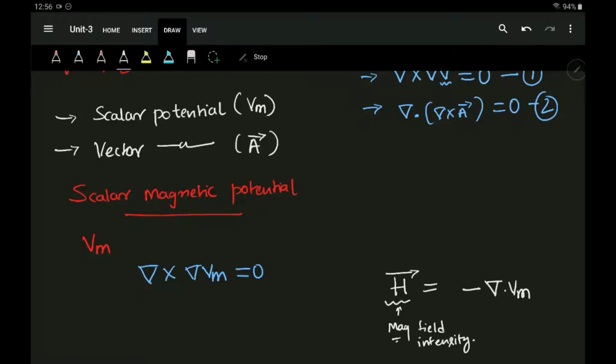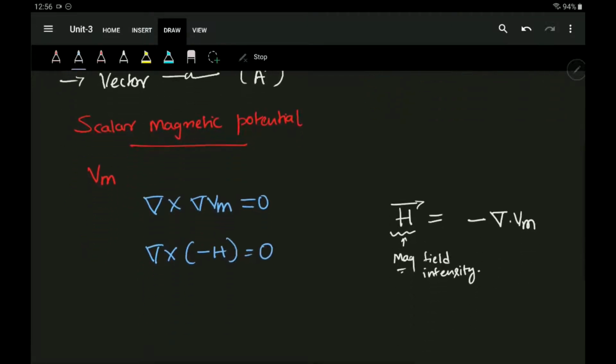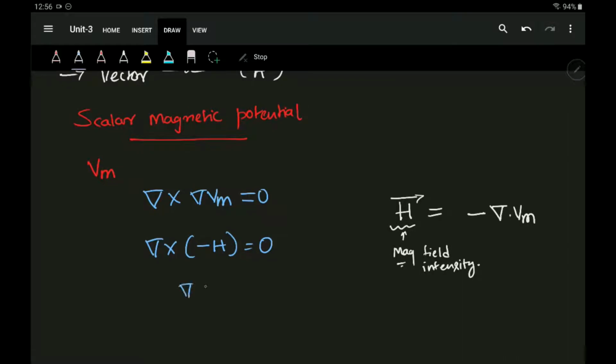Using this equation in my identity, I can write the curl of minus H equal to 0. Or simply I can take off that minus and say that curl of H is equal to 0.